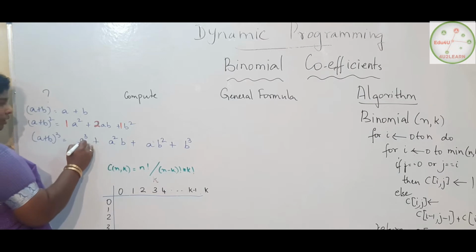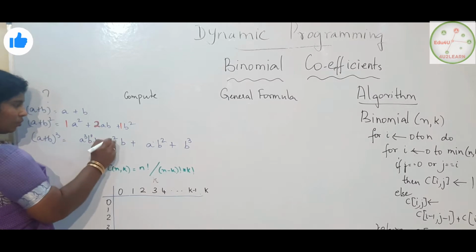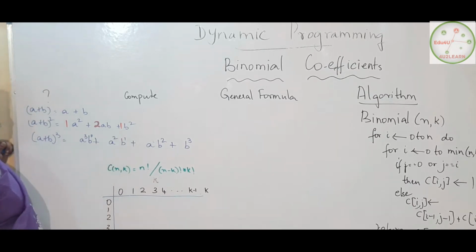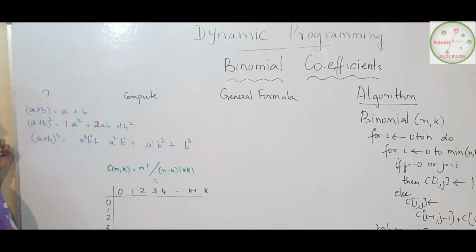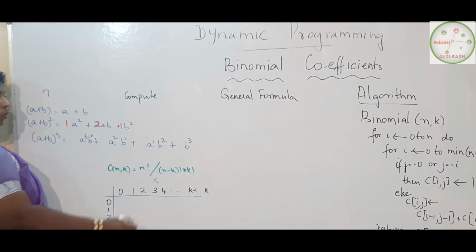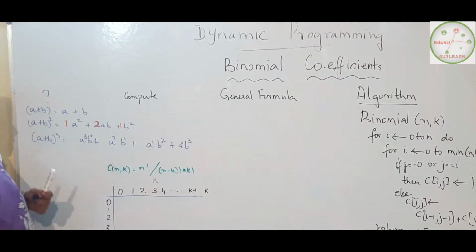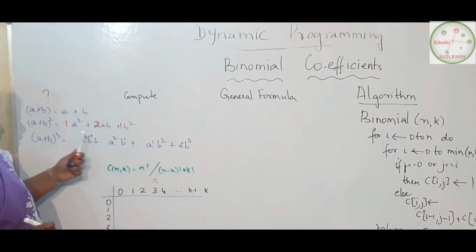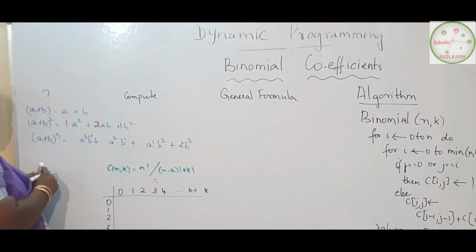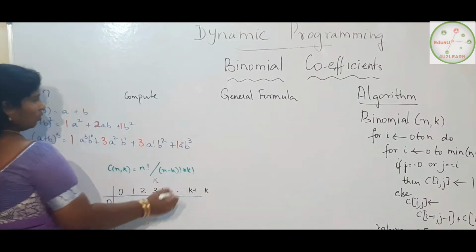So it is a cube with b to the power 0, then a square and b raised to the power 1, then a raised to the power 1 and b raised to the power 2, plus a to the power 0 and b cube. Here a is being decremented, and from this side b is being incremented. So what is the coefficient here? We know it is 1, 3, 3 and 1.